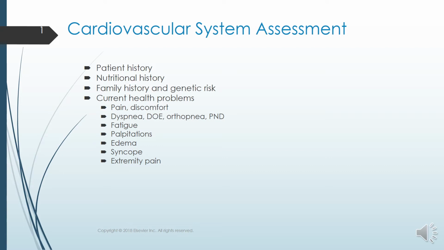Do they have paroxysmal nocturnal dyspnea? So that means that they've been lying down for several hours and then they wake up short of breath all of a sudden. And what happens is when they lay down, the blood that has been kind of in their periphery, especially the lower legs, is redistributed back into the venous system.